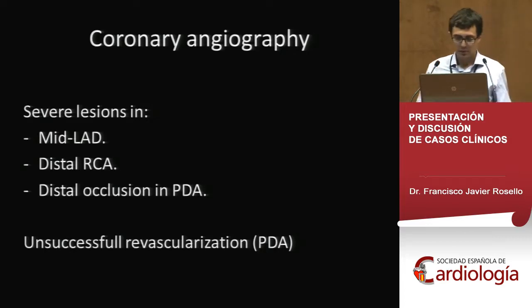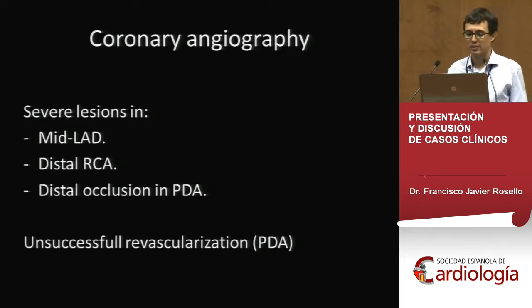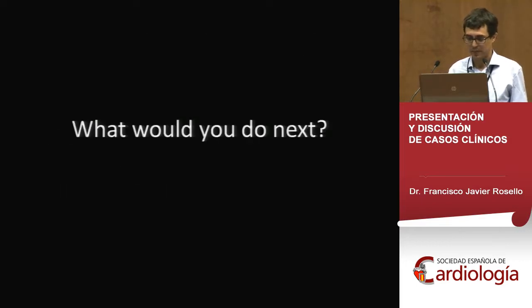So to sum up, the coronary angiography showed lesions in the mid-left anterior descending artery, in the distal right coronary artery, and the culprit lesion was the distal occlusion in the posterior descending artery. The revascularization was attempted, but it failed, and given that the patient was in a stable condition, he was transferred to the coronary care unit.